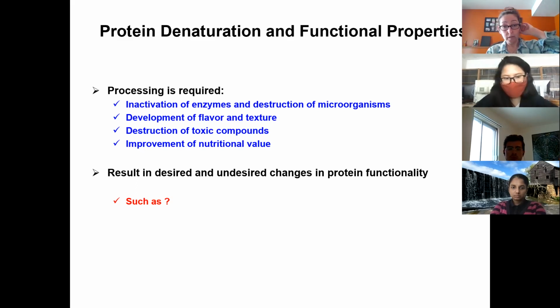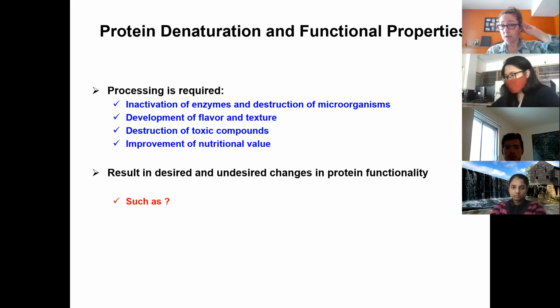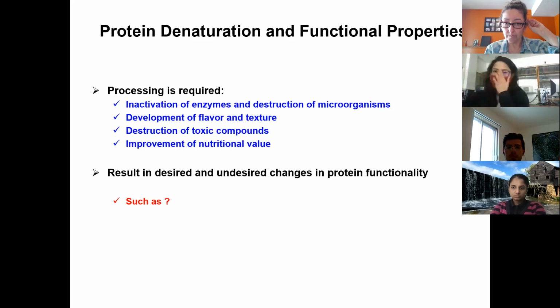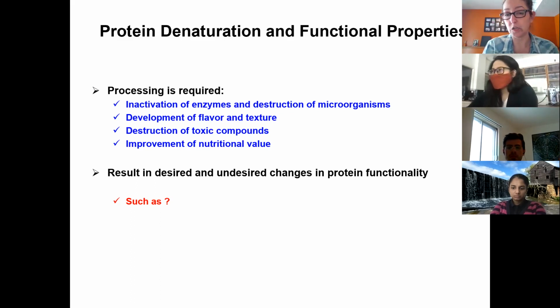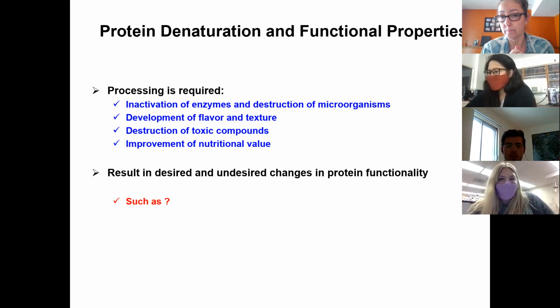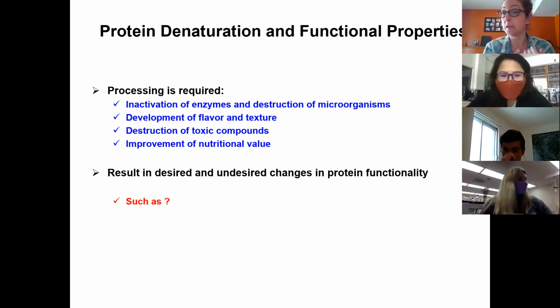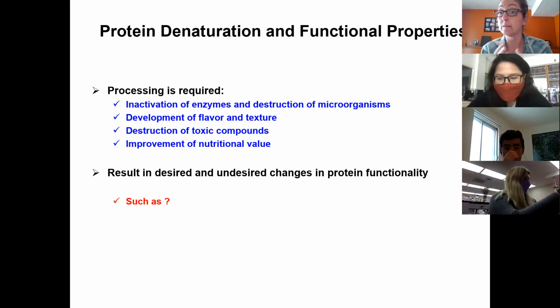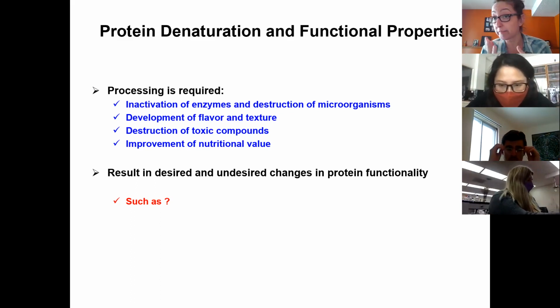However, it results in desired and undesired changes in protein functionality, such as, can anybody think of desired changes? Like water holding capacity or gelation. Right. So partial denaturation enhances gelation, enhances emulsification.